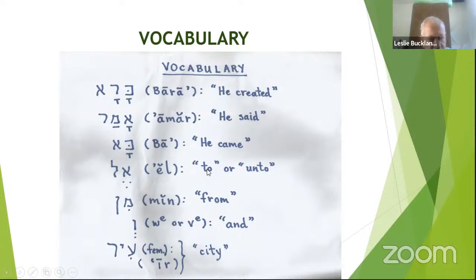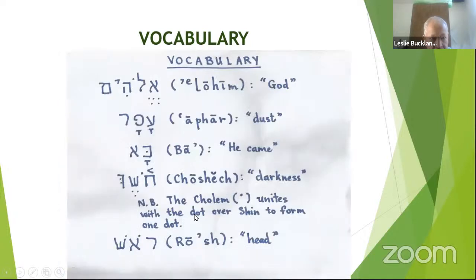El means to or unto. Min means from. We or ve means and. Ir means city. Elohim means God. Afar means dust. Ba means he came. Koshek, darkness.